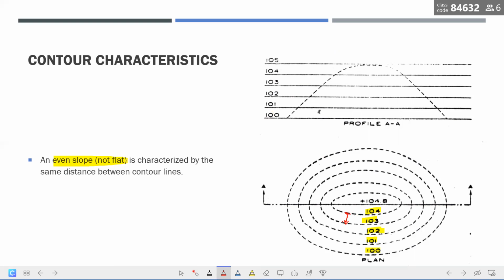So here to here, here to here, here and here. They're evenly spaced. They have the same distance between one contour line and another, and that makes for a very even slope.